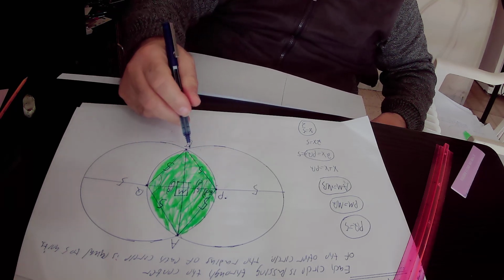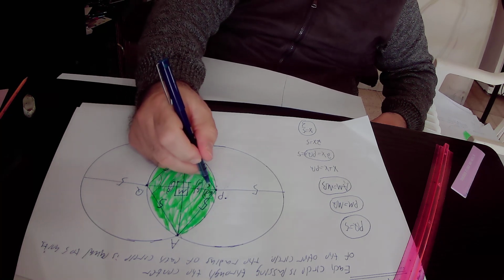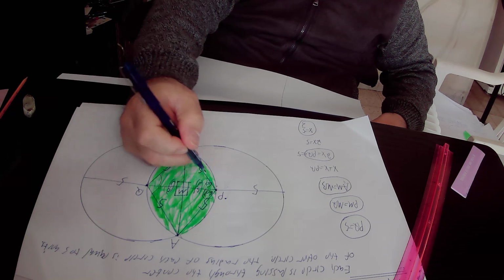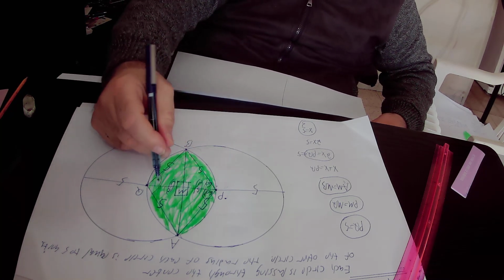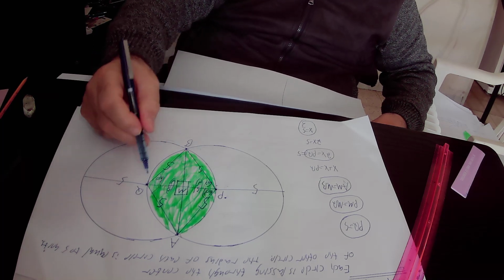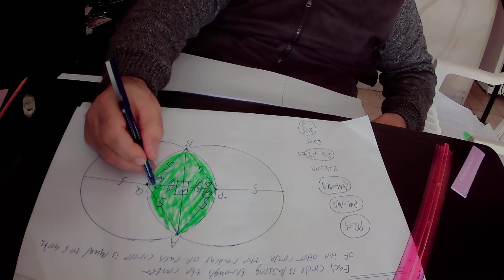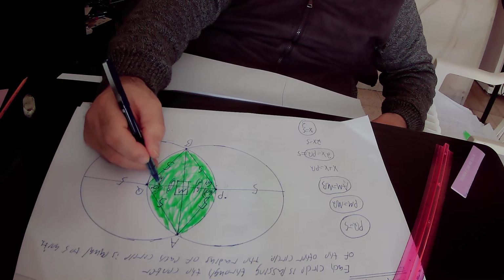Angle BPM is equal to 60 degrees. Angle BQM is equal to 60 degrees. And also angle MQA is equal to 60 degrees.